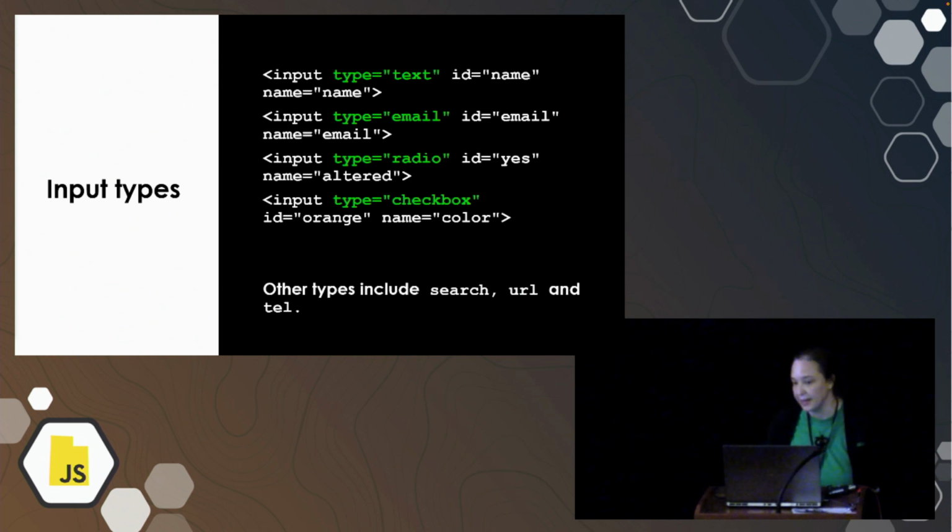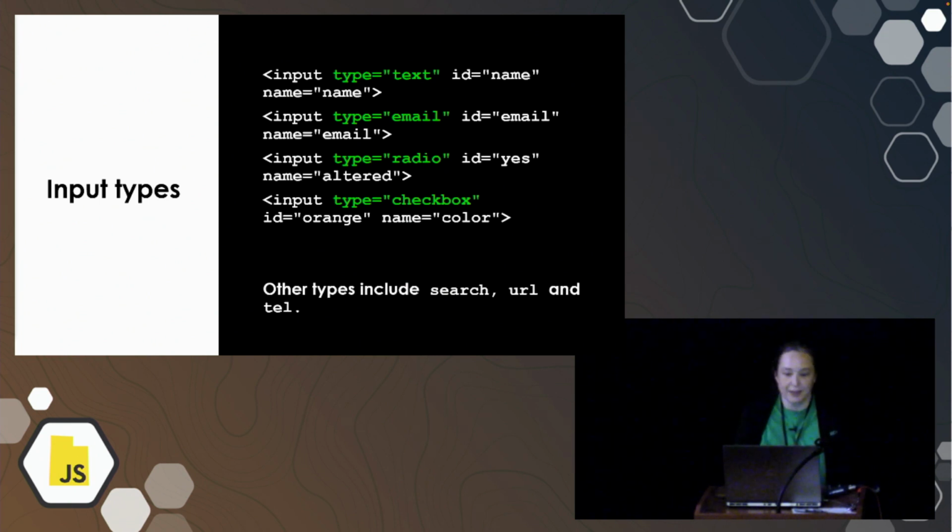There are other ones that can constrain the type of data that's being entered into your input. So if you have a type equals email, the browser can do some sort of cursory HTML5 error detecting to make sure you put an actual email address in there.